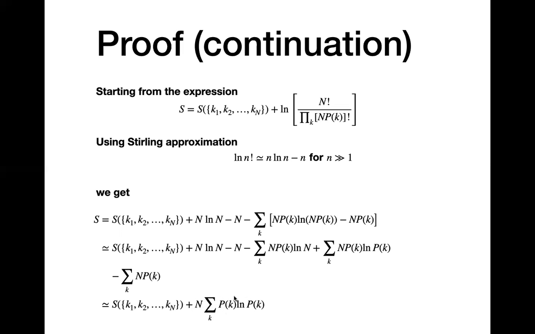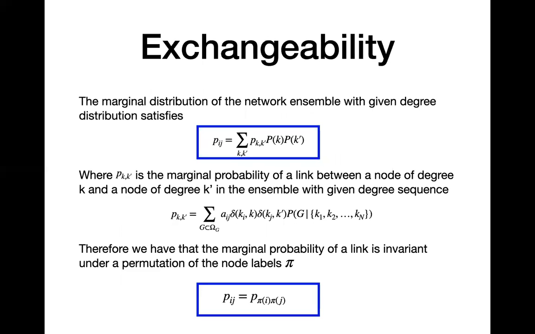Okay, so this is essentially the way in which you can express the entropy of the network with given degree distribution.